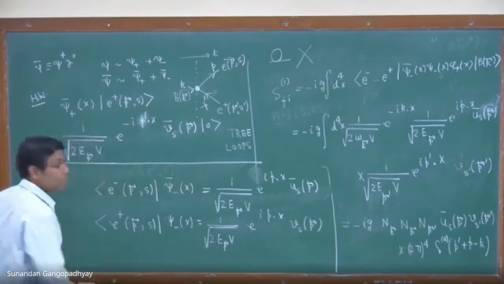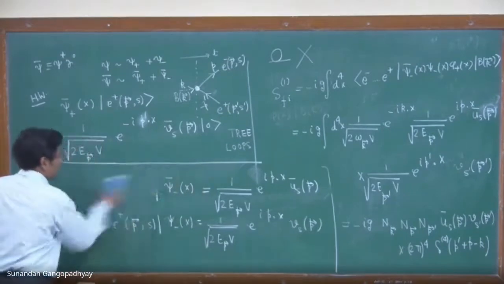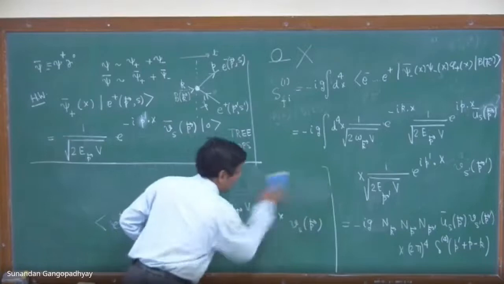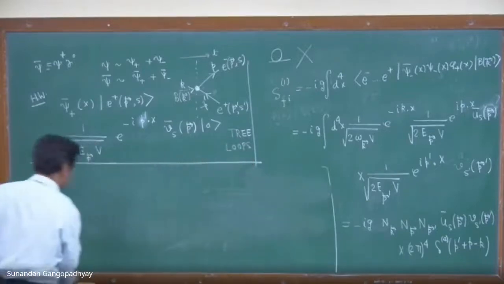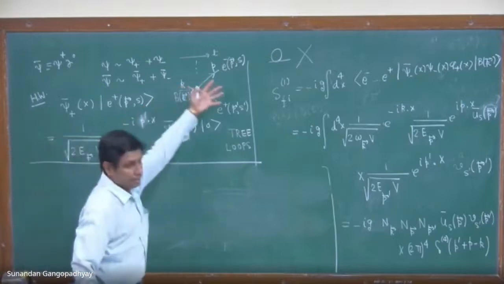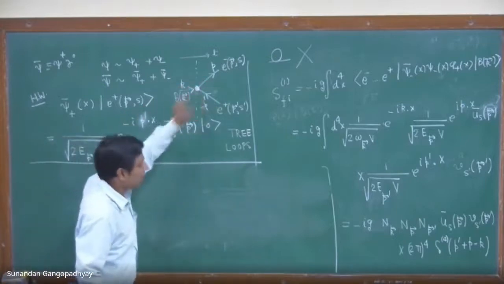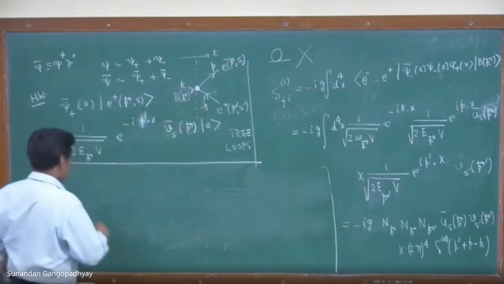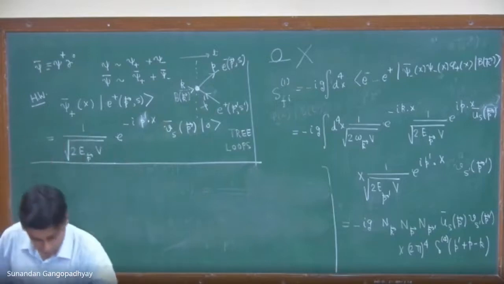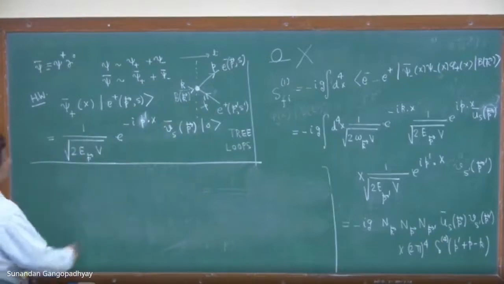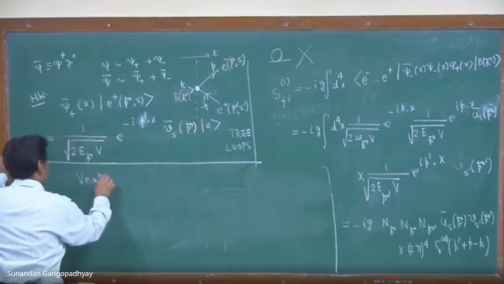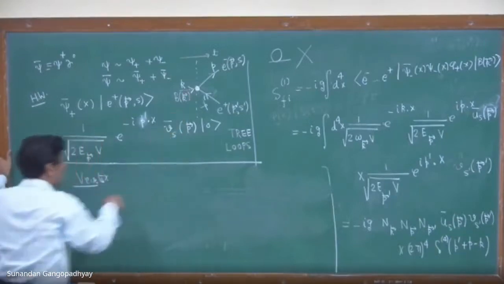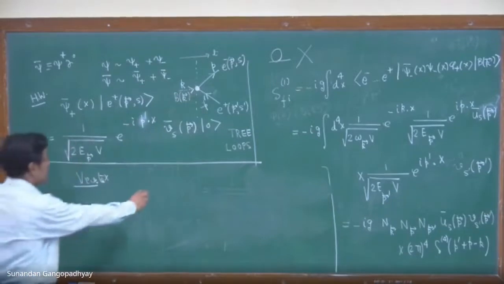And now you can immediately write down the Feynman rule. It's very simple. See here, you only have the vertex. Since you have a vertex, the rule for the vertex is as follows. So this is the vertex, and I'm not drawing this diagram again here. The rule for the vertex is very simple.